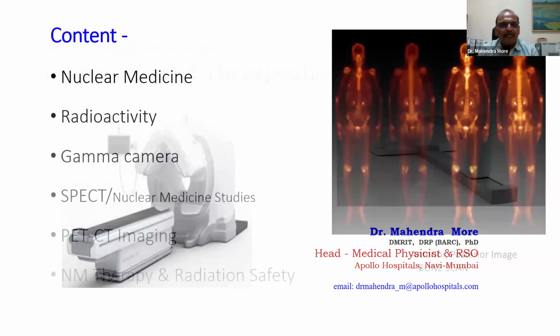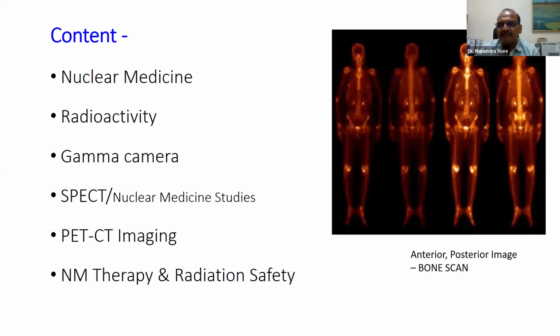Those centers that have PET CT and SPECT, these two machines, you will observe in those centers. So the contents of this presentation: we'll discuss what nuclear medicine is, why it is being used for diagnostic and therapy purposes, what the basic radioactivity features are which we are using, what the gamma camera is and what it is used for, what the different isotopes used in nuclear medicine are, what SPECT nuclear medicine studies are available, what PET CT imaging is, and how it is useful in oncology as well as for routine diagnostic purposes.